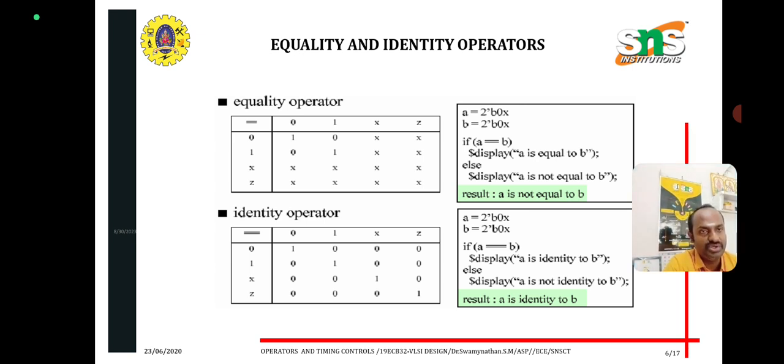If A is equal to B, it displays A equal to B, else it is not equal to B. Here the result is A is not equal to B. Next the identity operator: A is equal to 2'b0x, and if A is identical to B, meaning both are the same, then the result is A is identical to B.